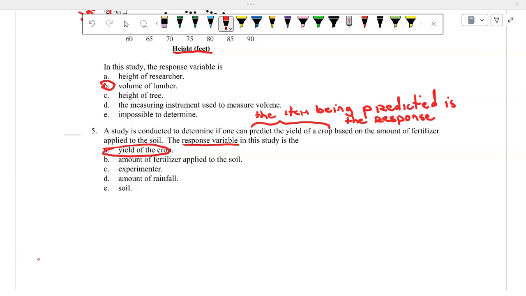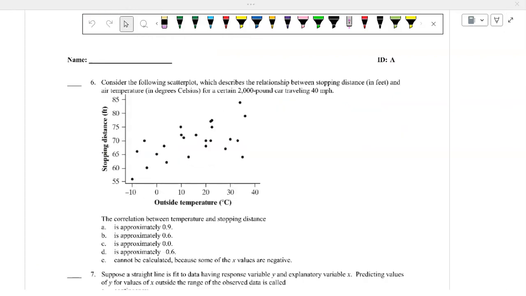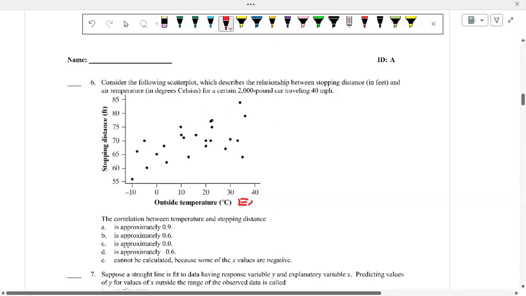So the yield is the response variable. Consider the following scatter plot, which describes the relationship between stopping distance and temperature. So temperature is your explanatory, and stopping distance is your response.